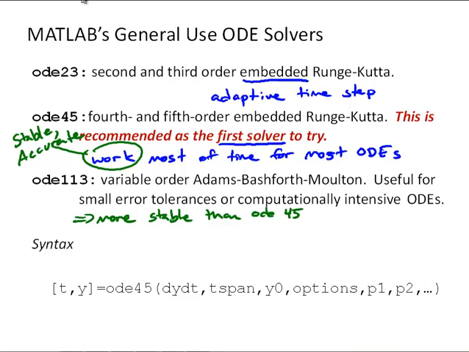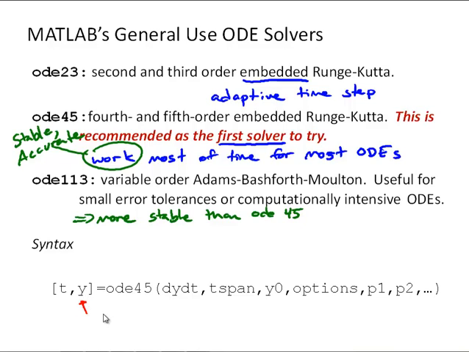The syntax for MATLAB's ODE solvers is similar to what we've been using for setting up our own function M files for ODEs. We have outputs T and Y, where Y is a matrix of the solutions for the different components of the system of ODEs. They're all set up for a system of ODEs.